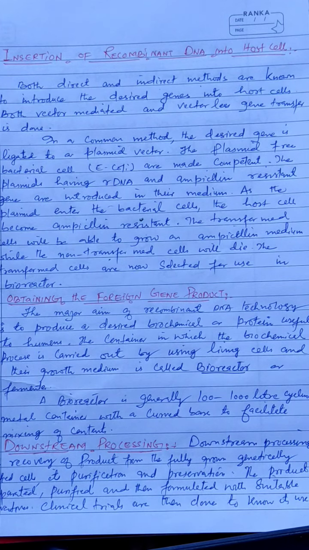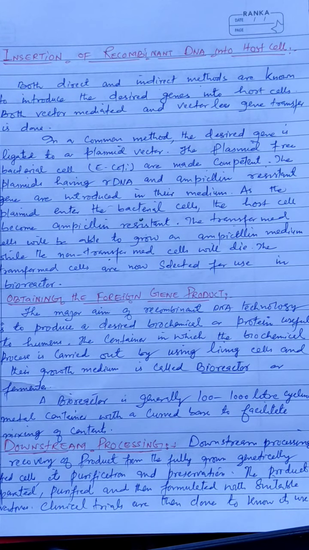So in order to differentiate or separate transformed cells from non-transformed cells, we grow them in ampicillin medium. Ampicillin is an antibiotic, and we know that antibiotics work against bacteria, they kill the bacteria. And when we grow these bacterial colonies in the ampicillin medium, all those bacterial cells which are not transformed will die.